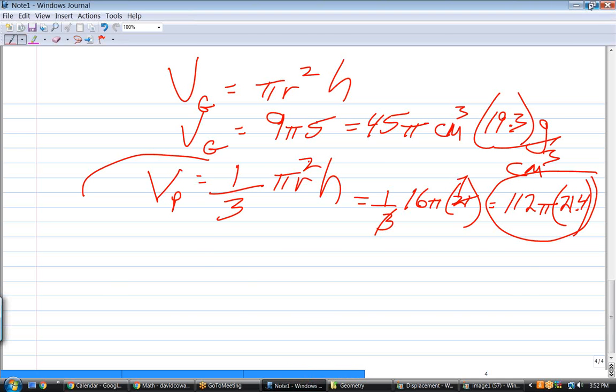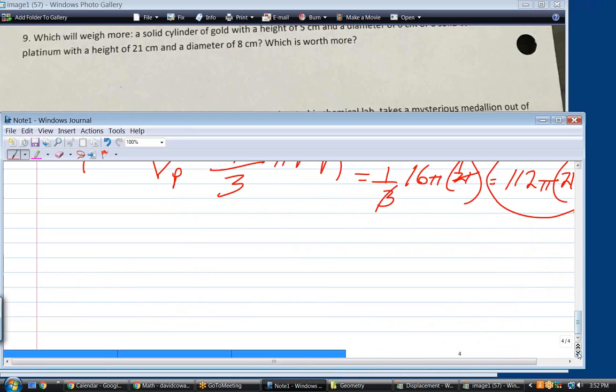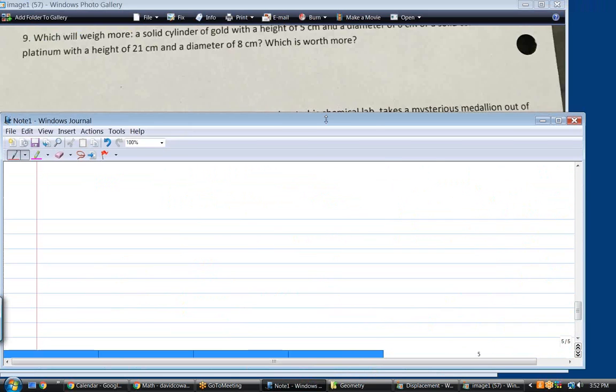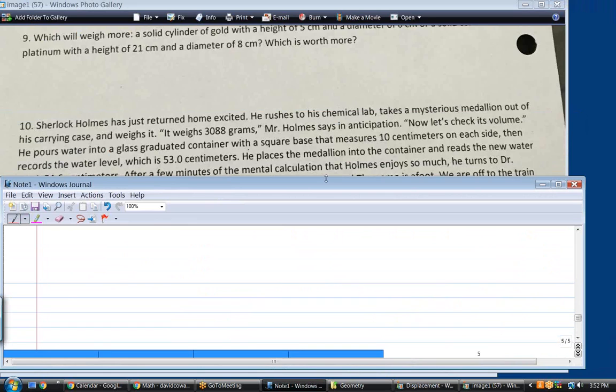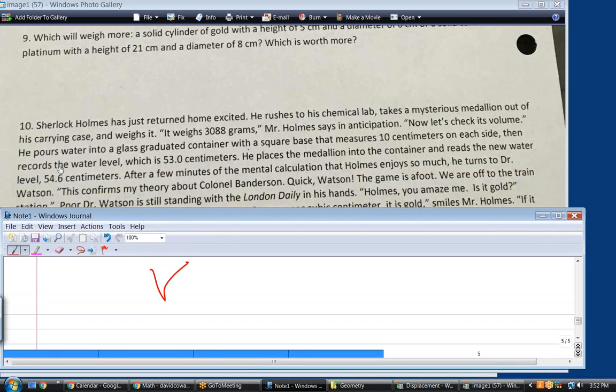So let's do that, just because by the time I read it, I'm forgetting the first part of it. So the volume of this object is, if he places it into this container that's 10 centimeters on each side, and it was at 53 centimeters, and after he puts the medallion in it, it's at 54.6, what's its volume? 110.6, which would be 160.